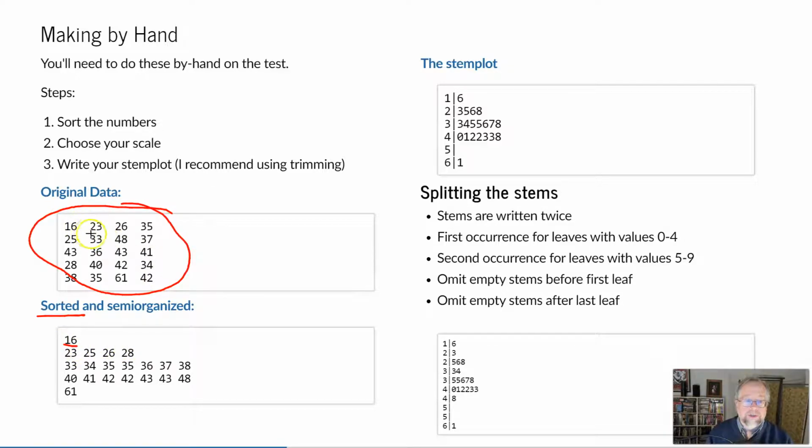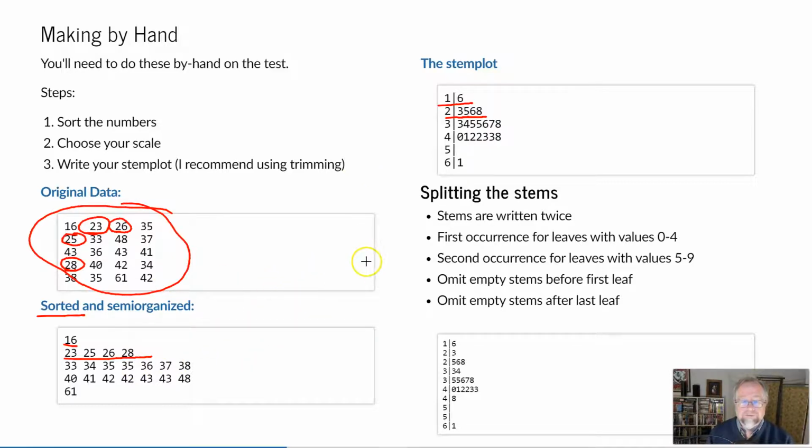If I took all the numbers that started with 20 and sorted them, 23, 26, 25, and 28, and I put them in sorted order, 23, 25, 26, 28. Now notice on the stem plot, you have 1 and the 6, you have 23, 25, 26, and 28. Like I say, they practically sort themselves. And you have to think carefully about whether you're going to trim or round, but most of the time it's not a big deal.